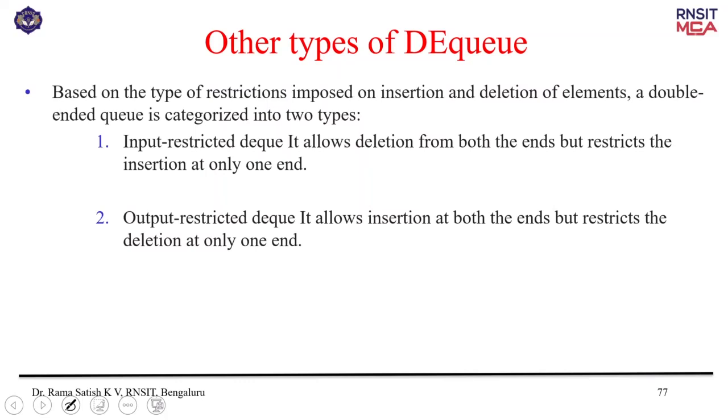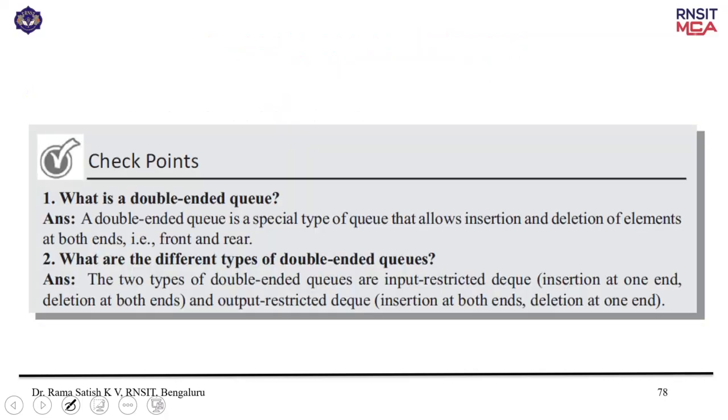But deletion you have to do only from the front end. It is only from one end. Normally, by default, deletion will happen only from the front. So those are the two types available. That's the concept.